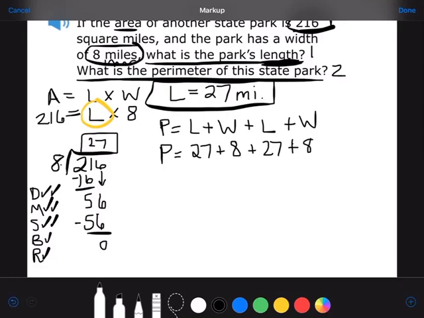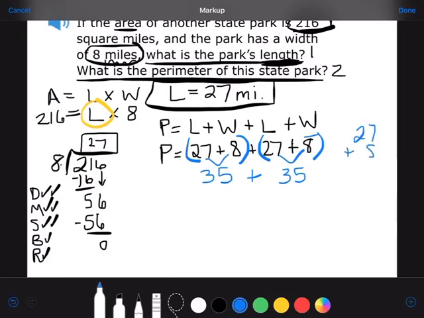Now, the associative property of addition tells me I can add these any way I want. I guess I'll do the 27 and the 8 together and the 27 and the 8 together. Well, 27 plus 8 is 35, plus 27 plus 8 is 35. If you need to come on the side and just stack that up, you certainly can.